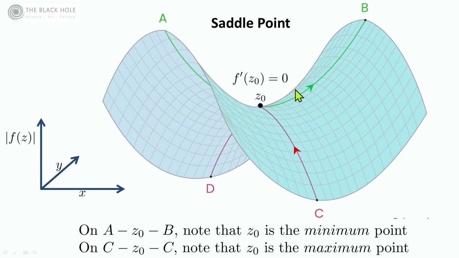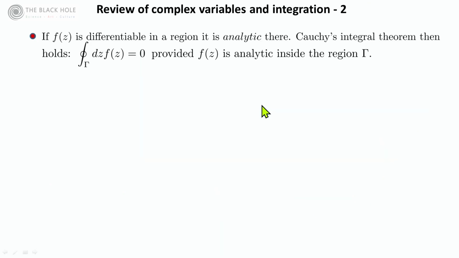So here I have a minimum on this path, but if I go on the path C, Z naught, D, there's a mistake over here, this should be D, I'll change that in the notes, then on this path, it's a maximum. So a minimum on one path, a maximum on the other path. Okay? We have to now do a little more complex variables.